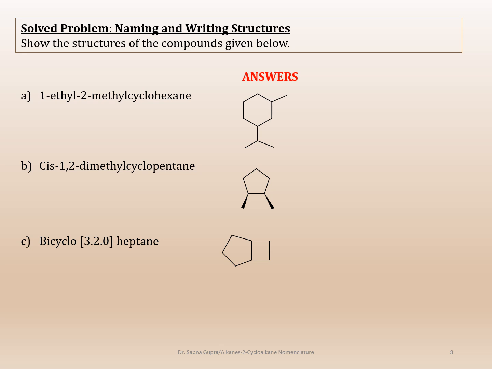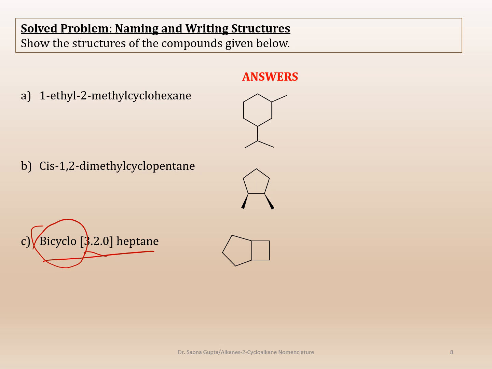Okay, so here are some solved problems. Now, drawing bicyclic compounds. If you look at this one, bicyclo[3.2.0]heptane, drawing it out is actually quite easy. This is not that hard at all. When you know it's a bicyclic compound and you have 3, 2, 0, this is how I start.